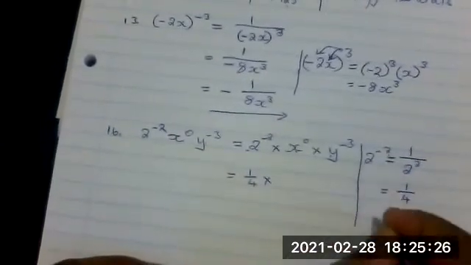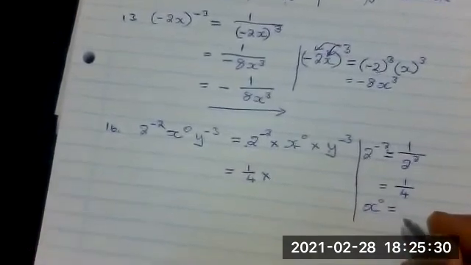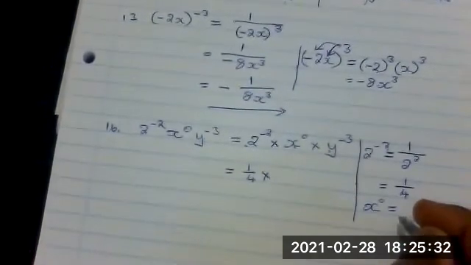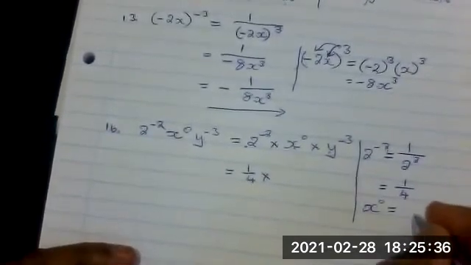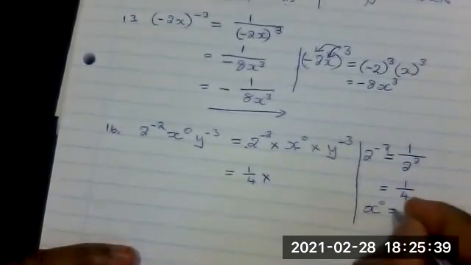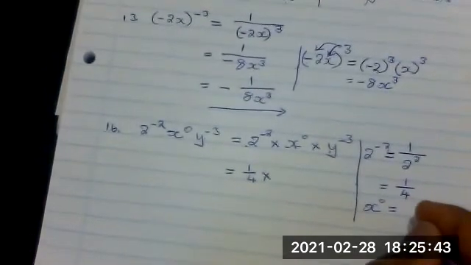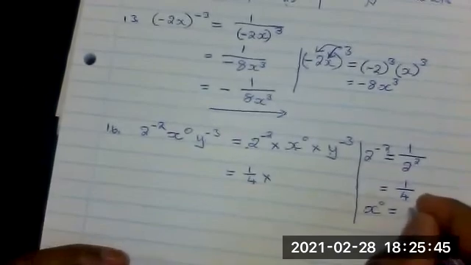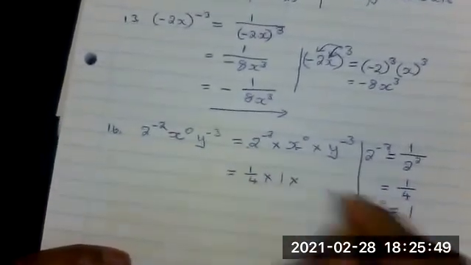Then x to exponent 0. Remember, again, 0 is an exponent. The number that has got an exponent 0, according to the laws on exponent, any number raised to exponent 0 is equals to what? 1. So I multiply by 1 here. Then multiply by.